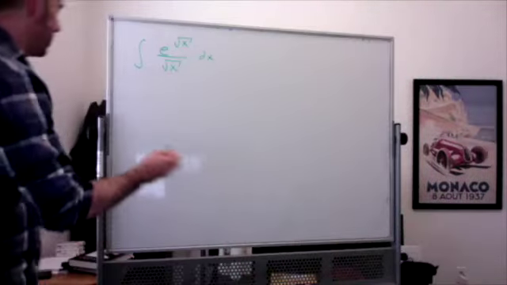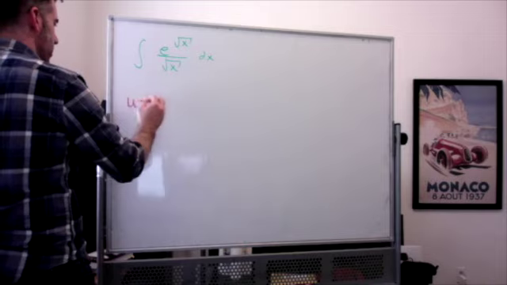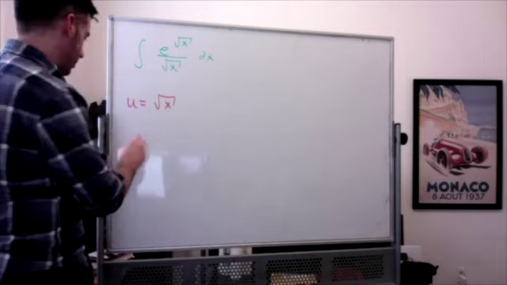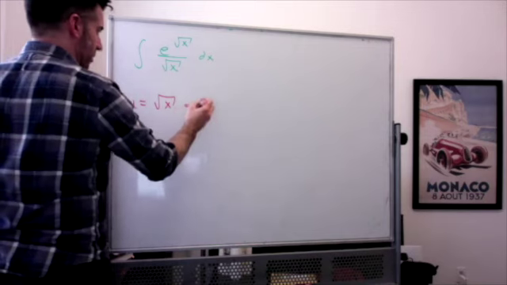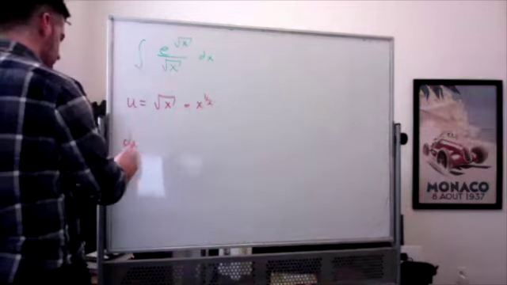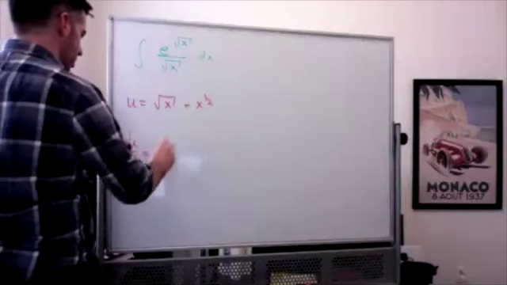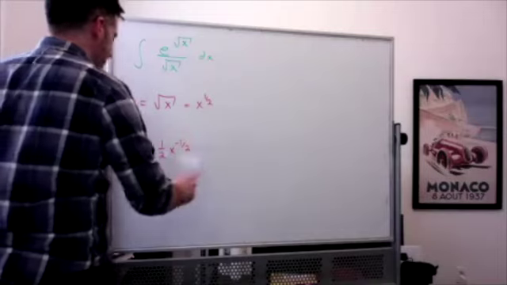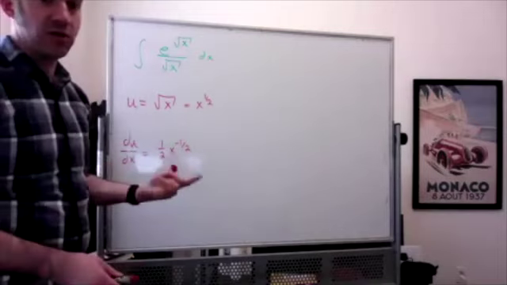So if we let u equal the square root of x, we're going to find the derivative. This is x to the 1/2. So my du dx is equal to 1/2 x to the negative 1/2. Now, I really think it's going to be in our interest to rewrite this.